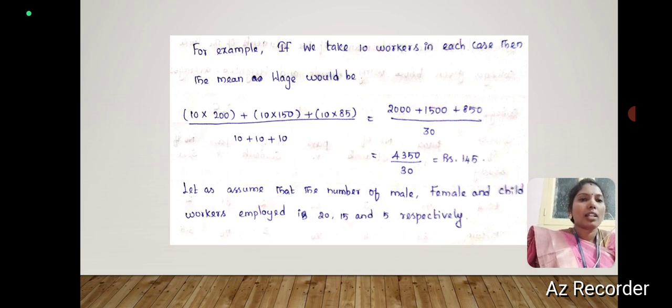So the overall answer is rupees 145. Now suppose we assume that the numbers of male, female and child workers employed are 20, 15 and 5 respectively.